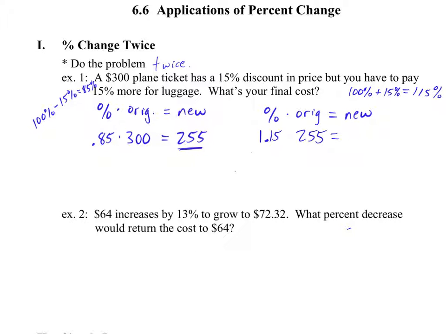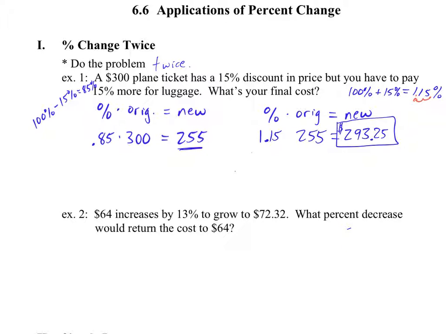Agreed? And then before we put it in the problem, we move the decimal point 2 places to get 1.15. If I punch that in, instead of getting 300, I get $293.25. So taking 15% off and adding 15% back on doesn't get us right back where we started.